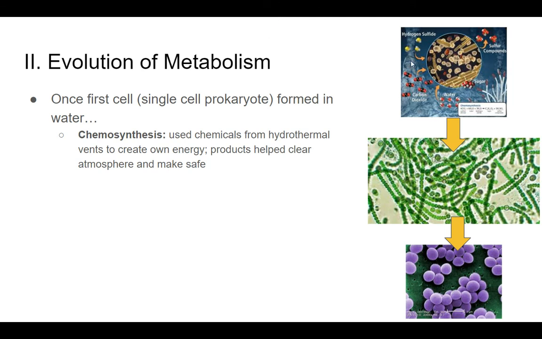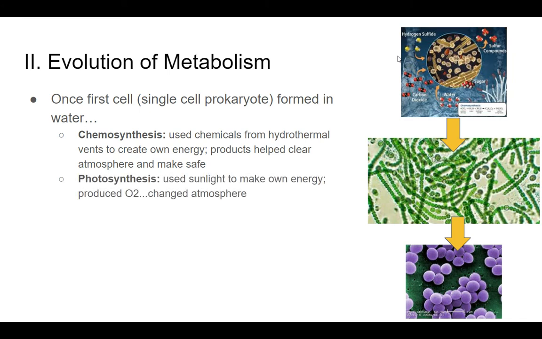So up here in our picture, this is that reminder that chemosynthesis was probably the first primary mechanism for these simple single cells to be able to harvest energy. In this case, to be able to make their own energy to support their own life. But their byproducts changed their environment. And most notably, we think that it gave way to photosynthesizers.